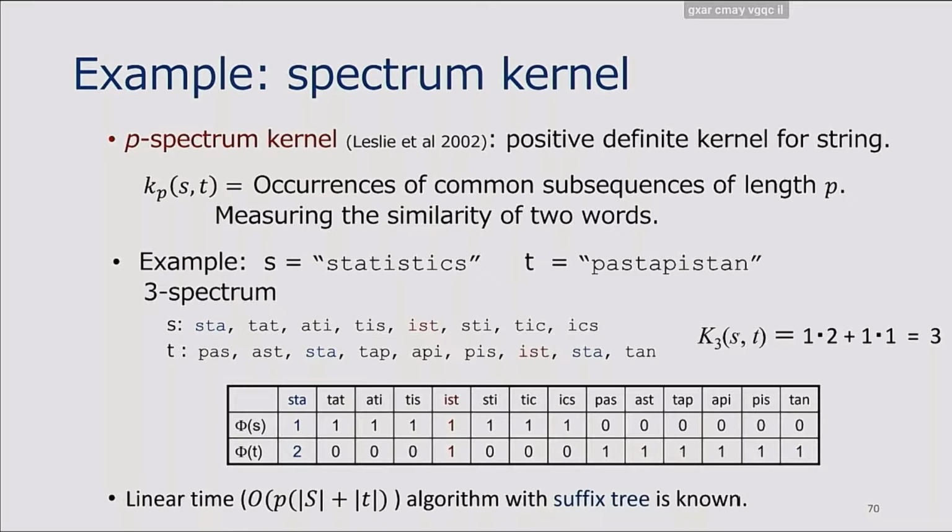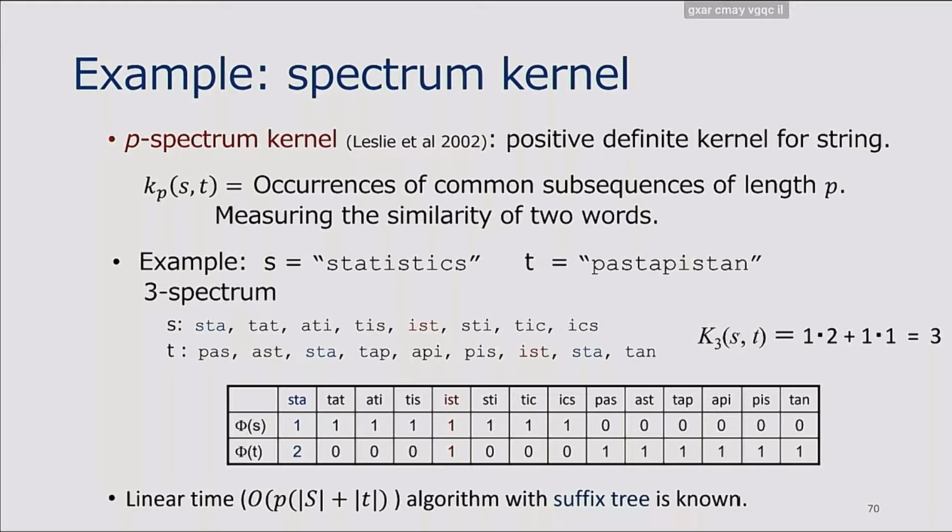I skipped the details about how to define the kernel, but basically they consider some substrings in a sequence or in a word and consider the matching of such substrings in two words. That defines the kernel value for two words.